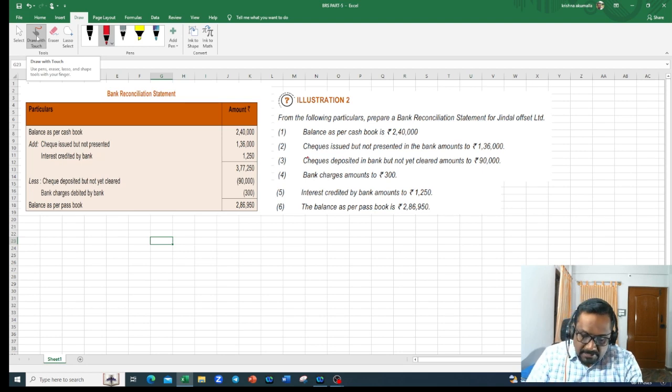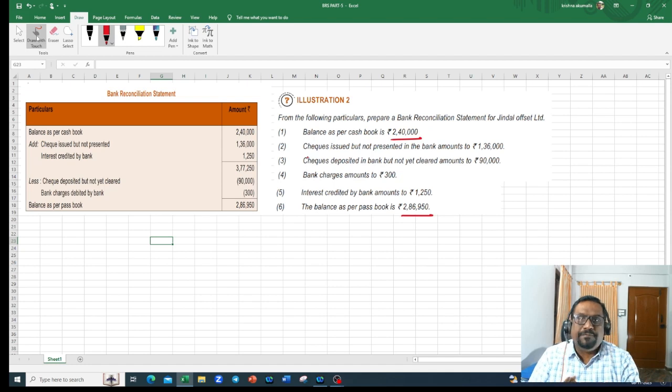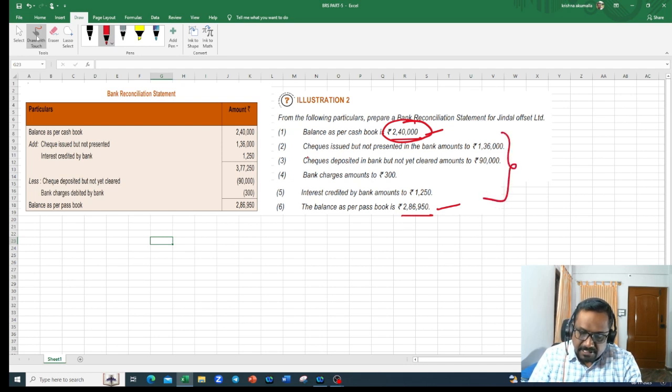Rule number one: whenever cash book balance and passbook balance both are given in the problem, you can take either the cash book balance and start preparing the bank reconciliation statement, and you get the passbook balance as the end balance.